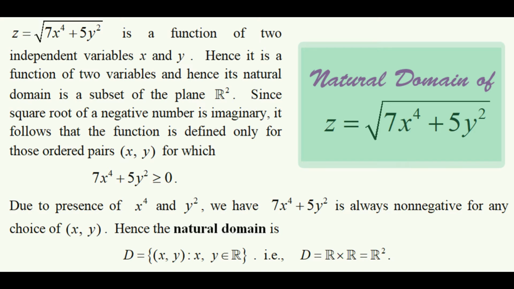Due to the presence of x^4 and y^2, 7x^4 + 5y^2 is always non-negative for any choice of ordered pair (x, y). Hence, the natural domain is D = the set of all ordered pairs (x, y) where x and y belong to the set of real numbers. That is, D = R x R = R^2.